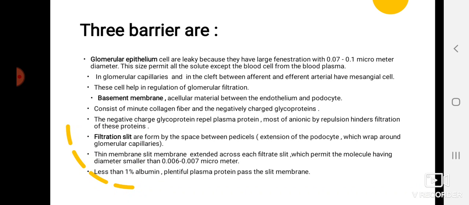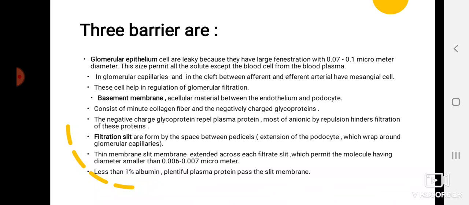Because of this repulsion, most of the anionic proteins cannot pass through the filtration membrane. The proteins cannot pass. The third barrier is the filtration slit. These filtration slits are formed by the spaces between the pedicels.